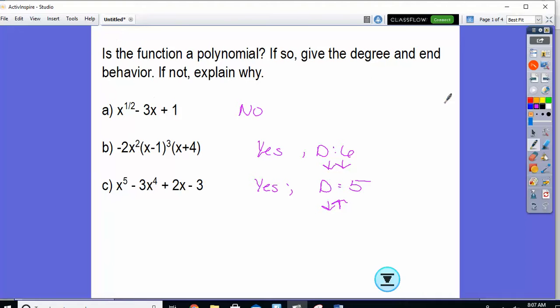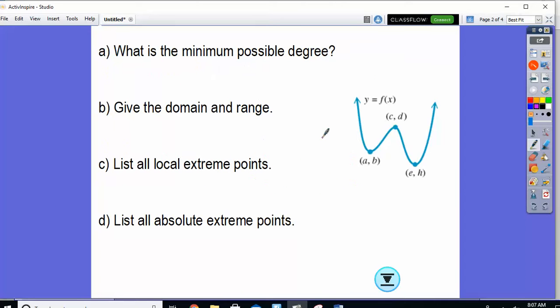The next thing we talked about were maximums and minimums. So let's say I gave you a graph. The minimum possible degree. That's the minimum point.